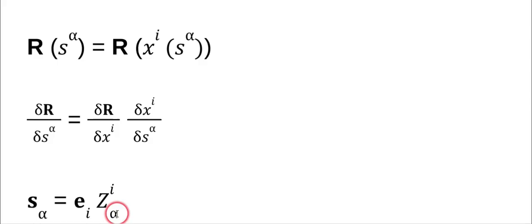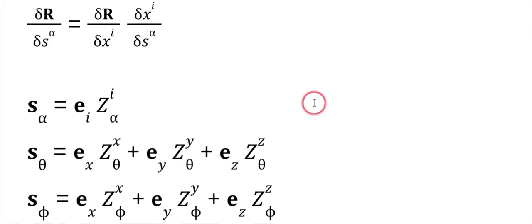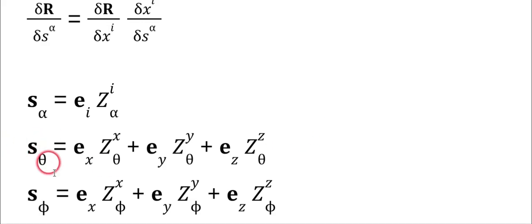So there's alpha here and alpha here, and this i is a summation index. Now on the surface of that sphere, we only have two coordinates that we're interested in, theta and phi. So we would expand this. There's the free index, theta, theta, theta, theta. Here's our summation index, would go x, y, z, and the exact same thing down here, except you changed the free index to phi. So this is actually the equations of the surface basis vectors.